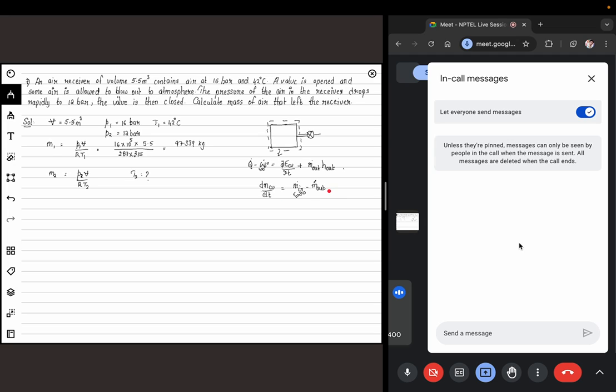Basically dmcv/dt is minus m dot out, and d(Ucv)/dt is d/dt of mcv times ucv. mcv is pressure times volume of the container, which is constant, divided by RT, times ucv, which is Cv times T.